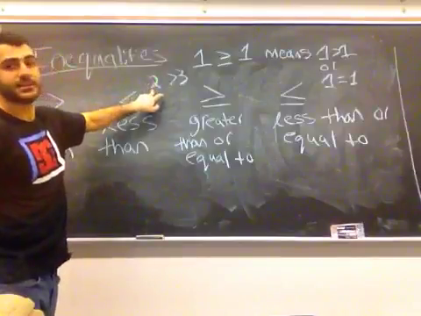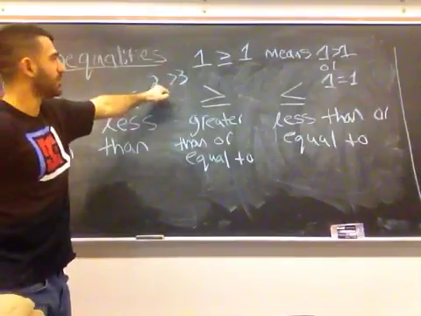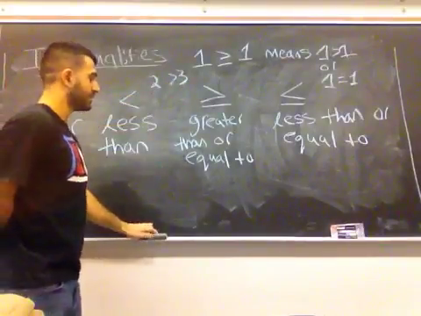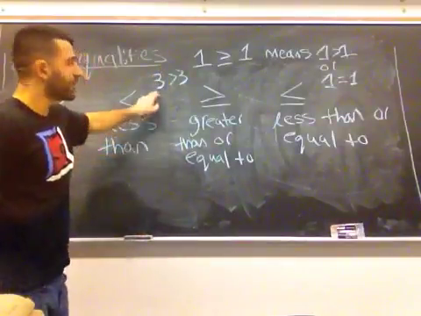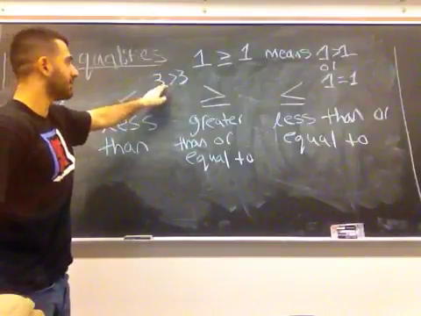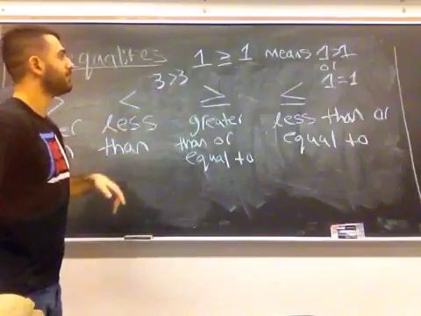This would be wrong if I said 2 is greater than 3, because that's false. 2 is actually smaller than 3, so this would be incorrect. This would also be wrong if I wrote 3 is greater than 3. It's not. It's the same number. 3 is equal to 3, but 3 is not greater than 3.